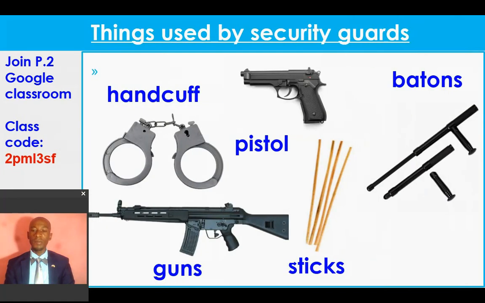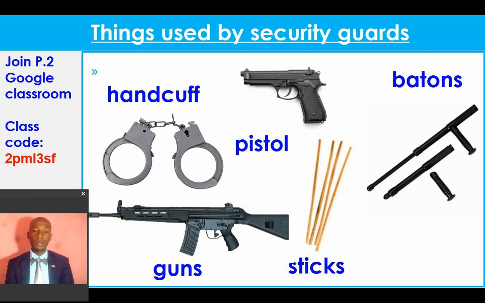Let's move on by looking at things used by security guards. Now here I talk about the private security guards, not the police officers, but they use the same things because they are also like police officers. But the only difference is that private security guards you have to hire privately, whereas police is for the government.